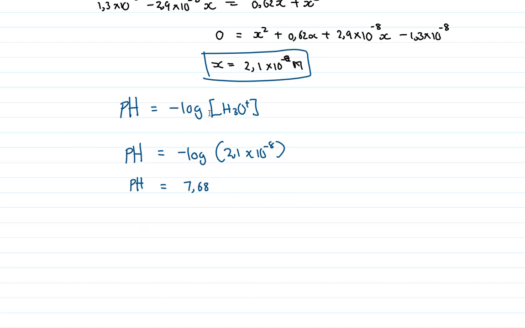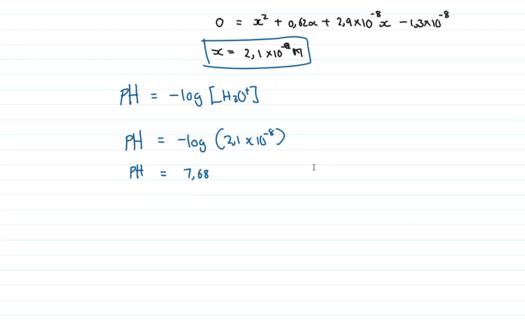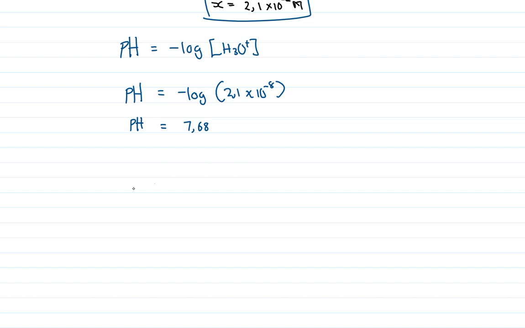Now let's say that the question says we have to calculate the pOH. So if we want to find the pOH of the buffer solution, we already have the pH of the buffer solution. So here's what we're going to do. We're going to say 14 is equal to the pH plus the value of the pOH.